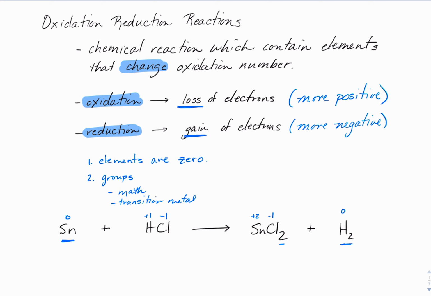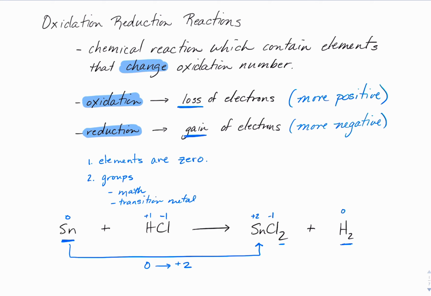So now that we've found all of the oxidation numbers for our elements, what we need to do now is look and see if there are any that have changed from the reactant side to the product side. It looks like there are 2. Sn has gone from 0 to +2.